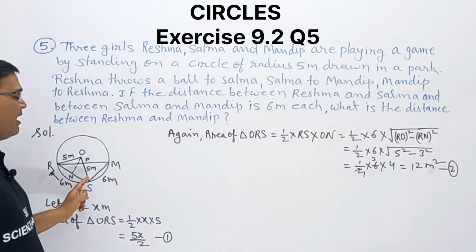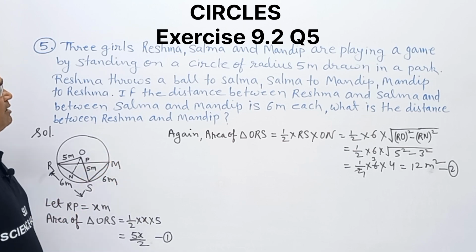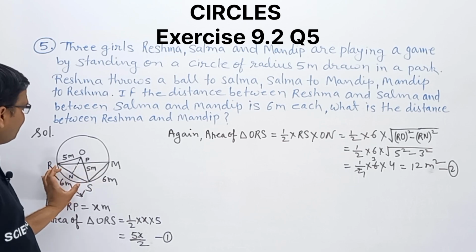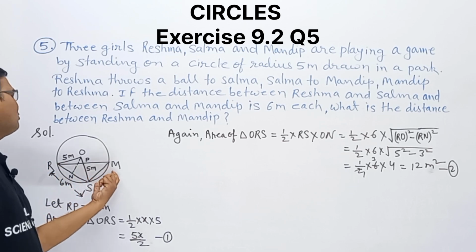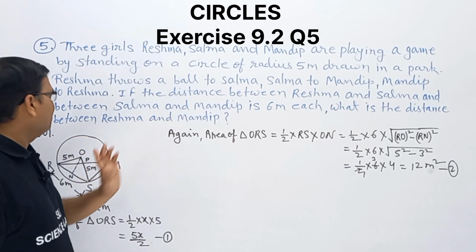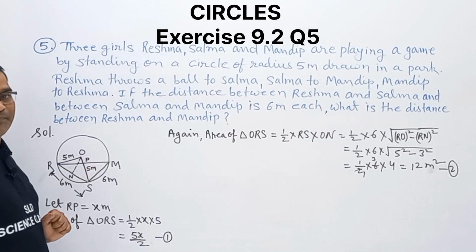Reshma to Salma and Salma to Mandeep, the distance is 6 meter. What is the distance between Reshma to Mandeep? We want to find the distance between Reshma to Mandeep.